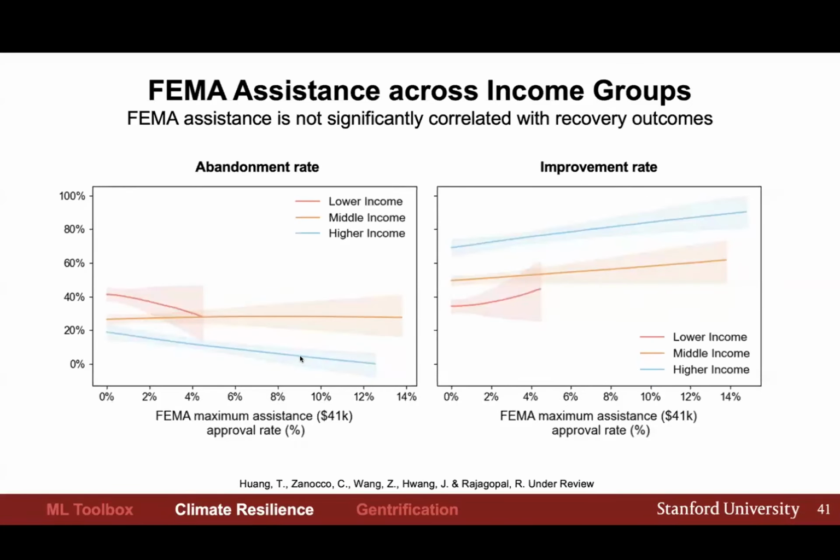Yeah, so after doing some similar correlation with the abandonment rate and improvement rate, we didn't find a strong correlation, as with the insurance policy, with either attribute. And the other thing is, we find only a very small percentage of homeowners are approved for the top 41K payout, which is not a lot if your home is totaled in those areas.